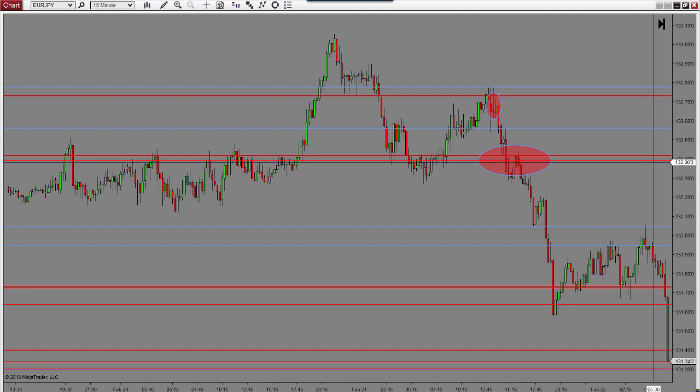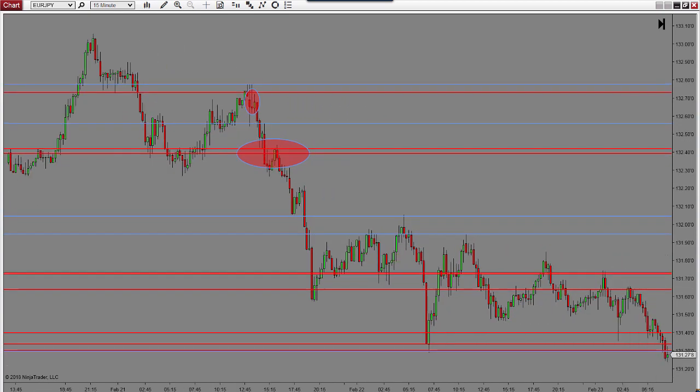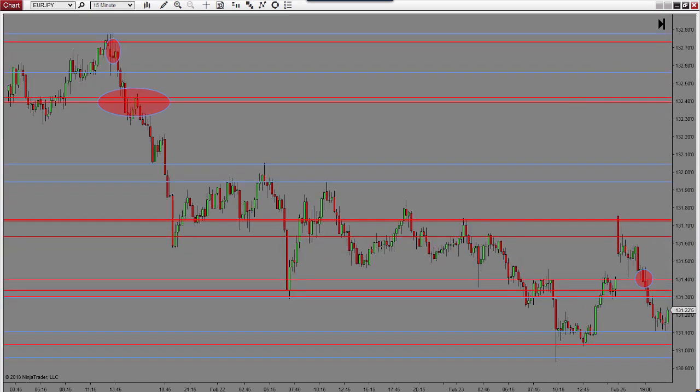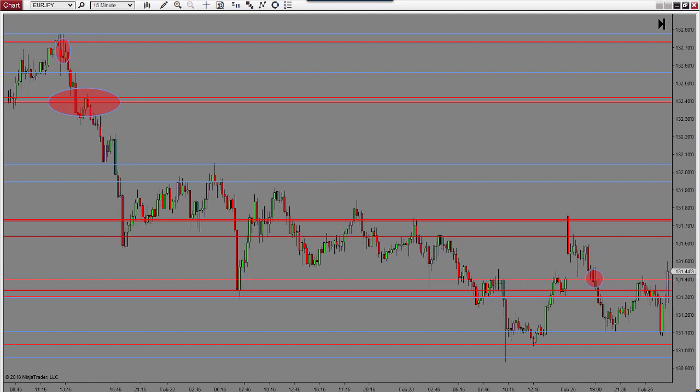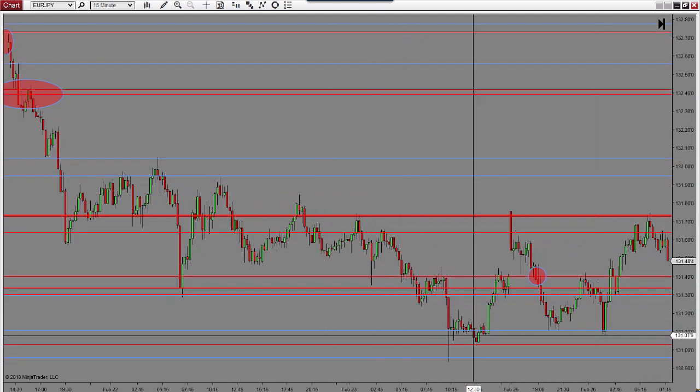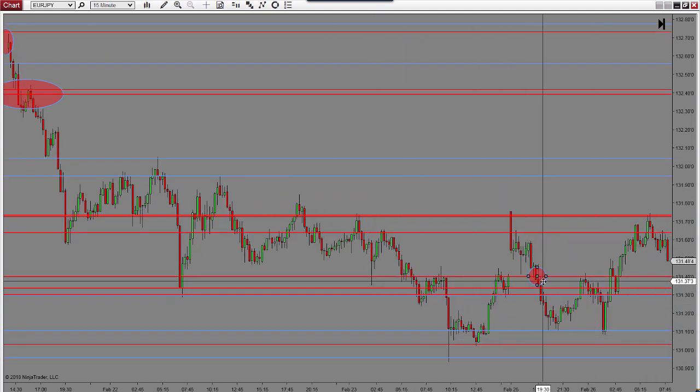It would be printing after this area. I know it might be a little difficult to visualize. Here's this ellipse, associated with this line right here. So there's your entry, and that would have been a loss. Now we can get rid of this line.